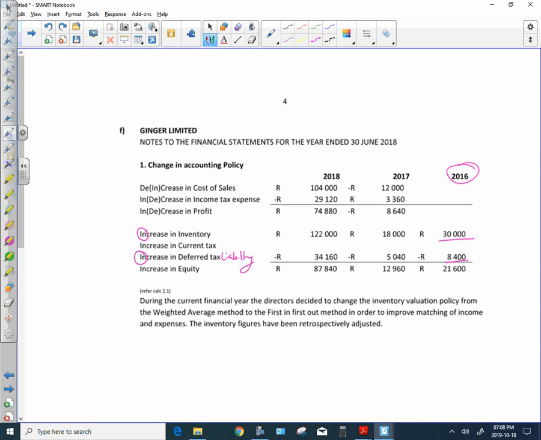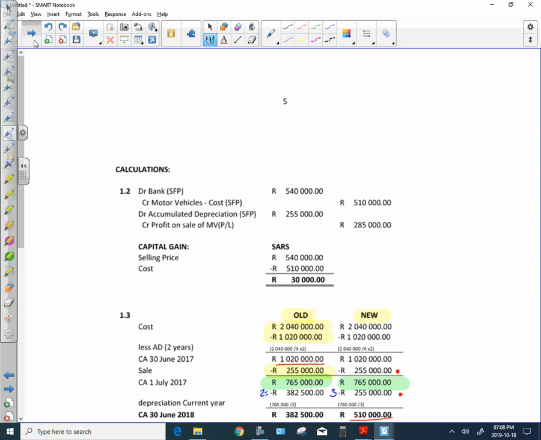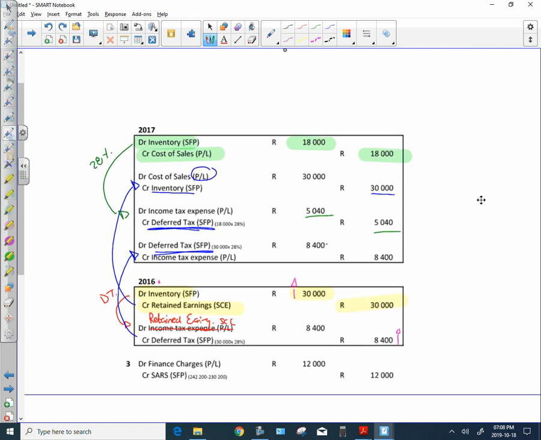In terms of 2017, my journal entries, I did indeed have P&L items in there. Do you agree? So I have affected cost of sales. Cost of sales is not a running total as inventory is; it gets closed off to retained earnings every year.